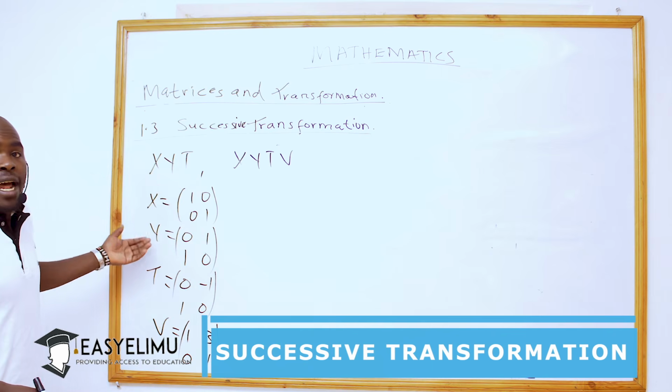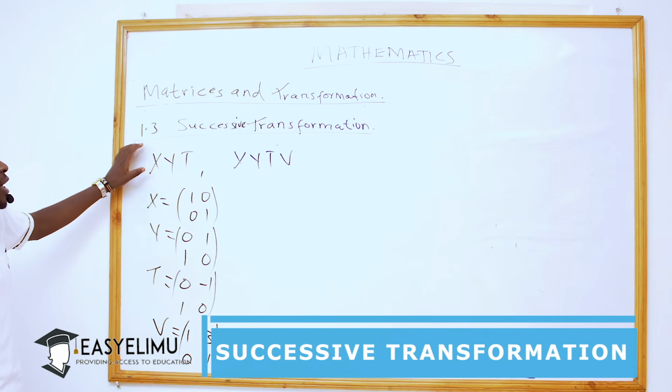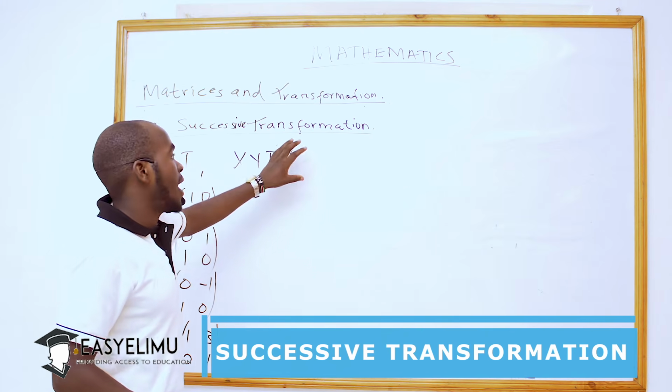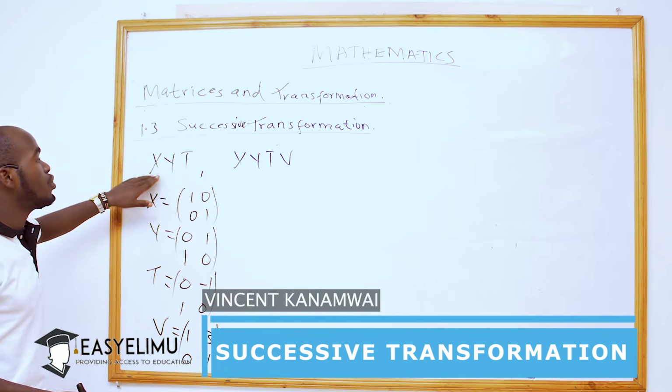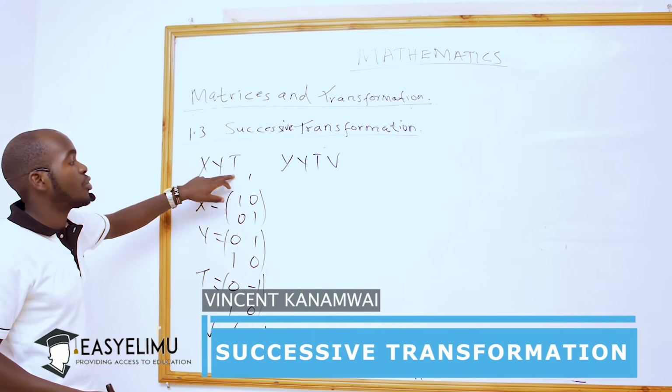This can be just an example of the transformation you may be given. And then you are told to find the image of a certain triangle or a given quadrilateral after passing through a transformation of XYT. This is a successive transformation.